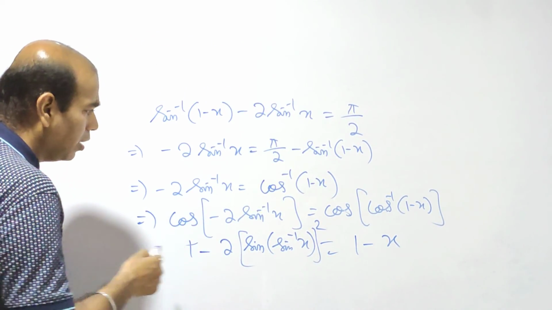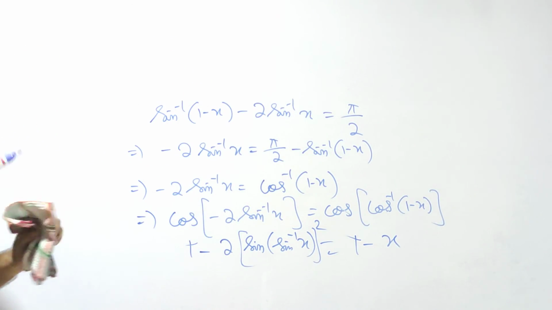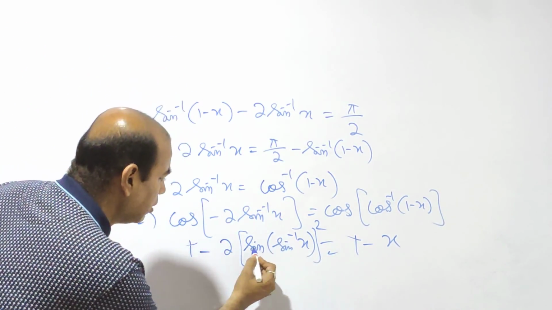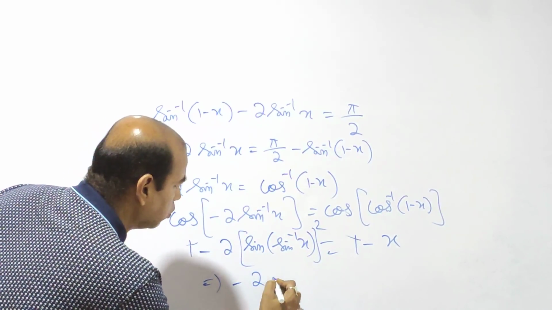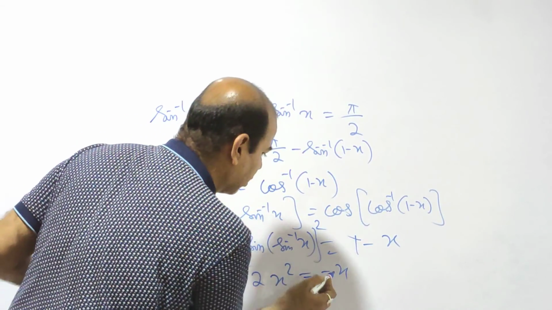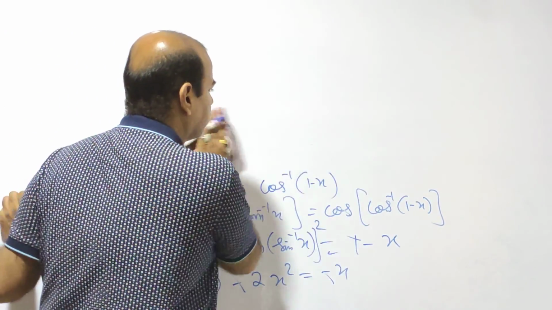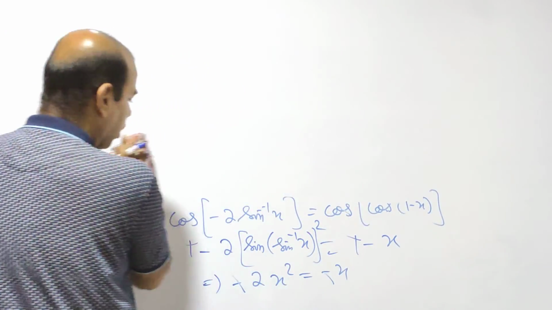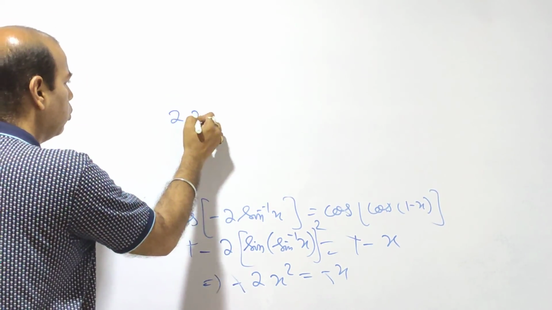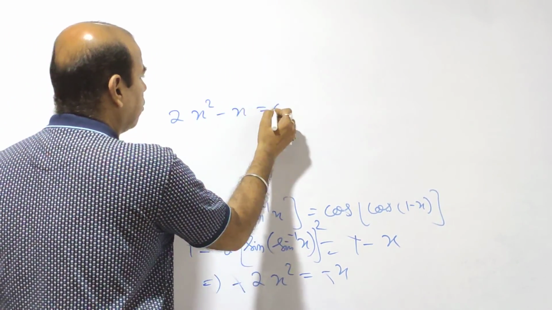So this 1 and this 1 is cancelled. Then ultimately what is left over? Sine inverse and sine is also cut. Minus 2x square equals minus x. Minus and minus also cut. Then it happens to be like this now, 2x square minus x equals 0.